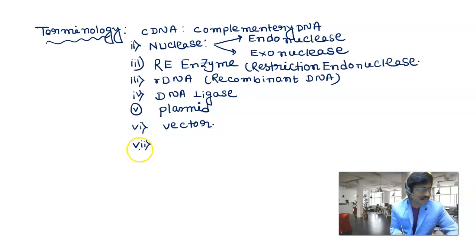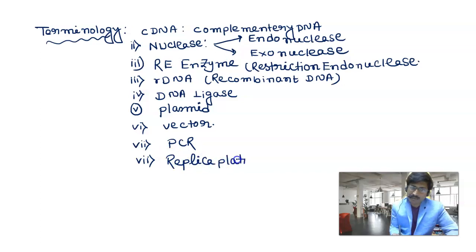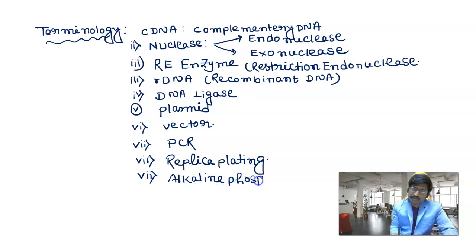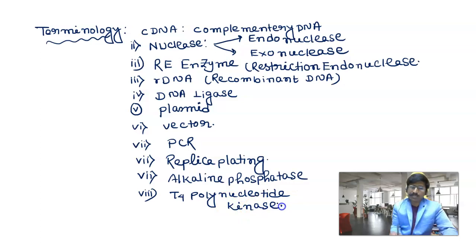Then we learn about different methods like the PCR method, DNA replica plating techniques, then alkaline phosphatase, the use and role of alkaline phosphatase enzyme, and the role of T4 polynucleotide kinase enzyme.